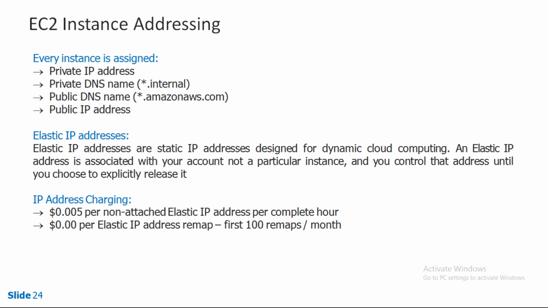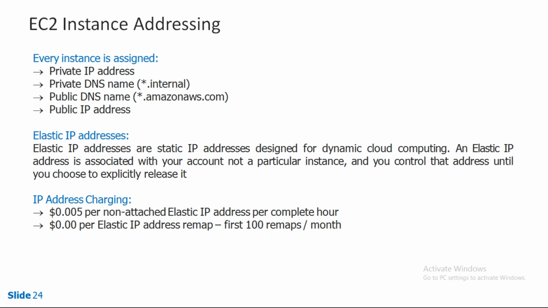See here, every instance, whenever it is created, by default will have two IP addresses assigned to it: one is a private IP address and the other a public IP address. The private IP address is for when we want to communicate with that instance internally within the organization.